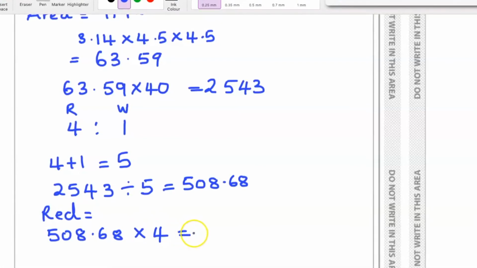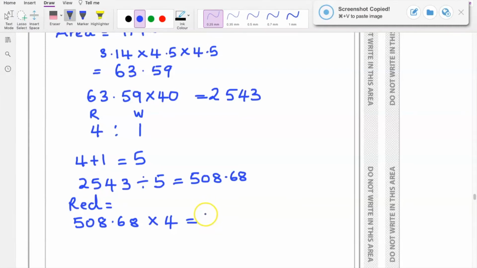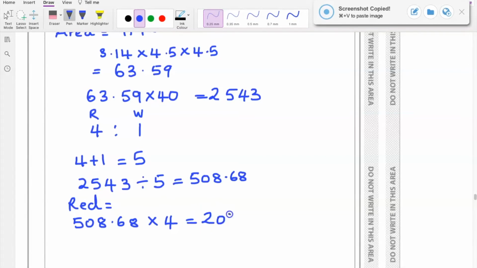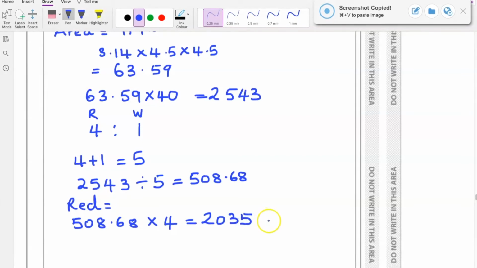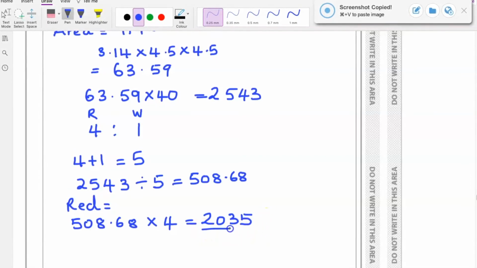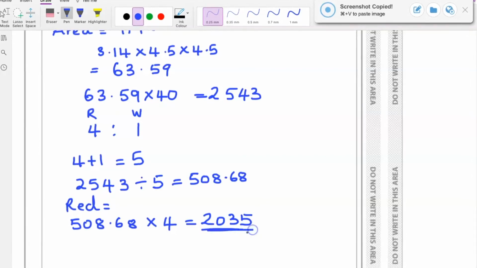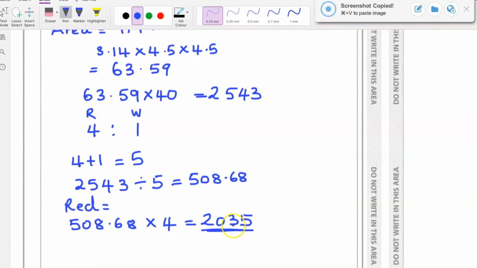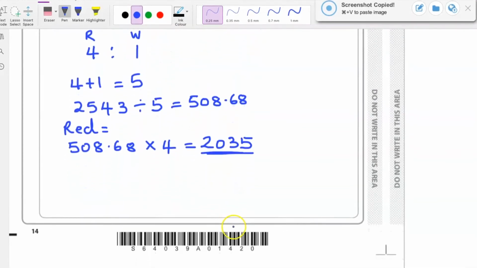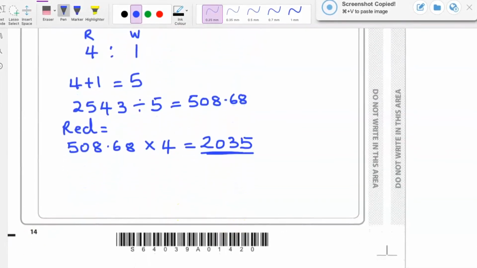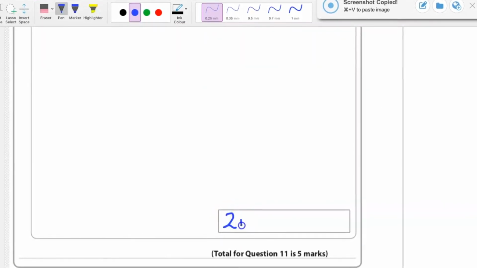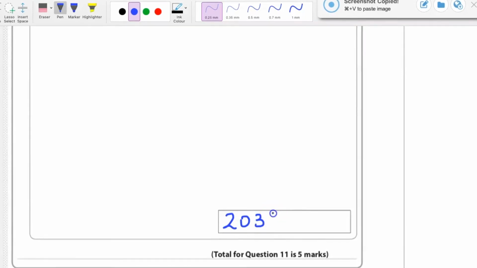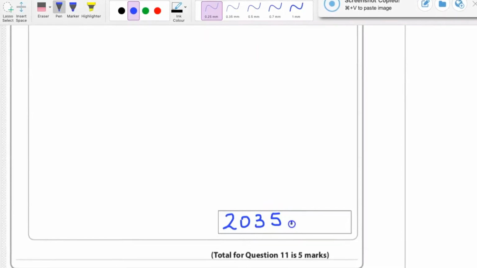If we put this into our calculator, we'll get 2,035. So our answer for red is 2,035.